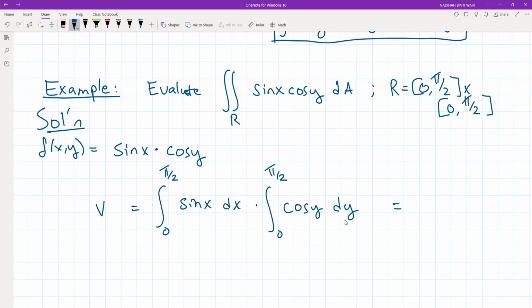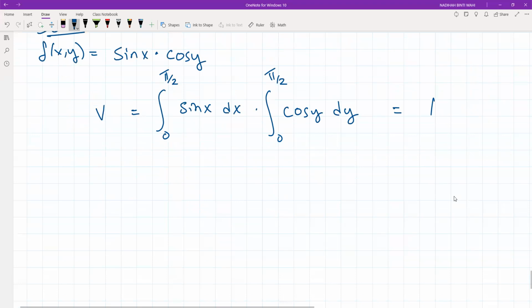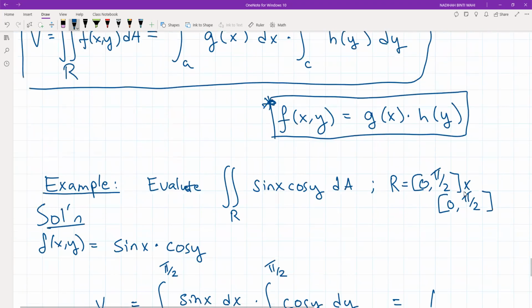So jawapan dia apa? So yang ni adalah 1, jawapan dia 1. Okay, ada soalan?